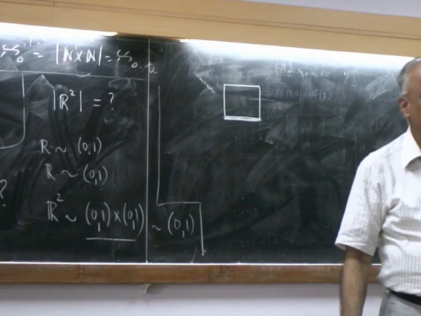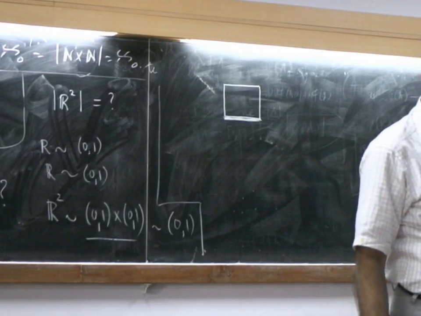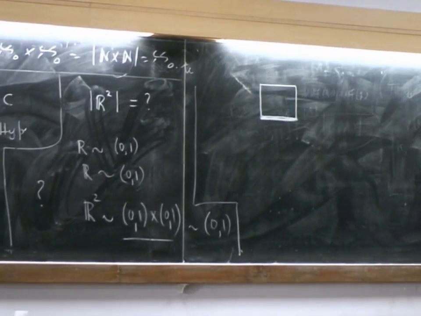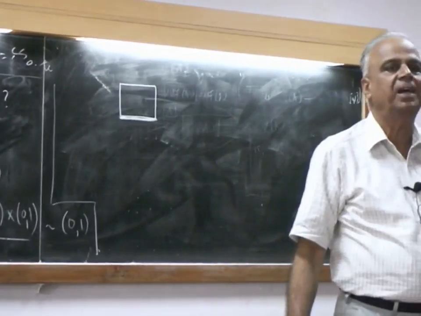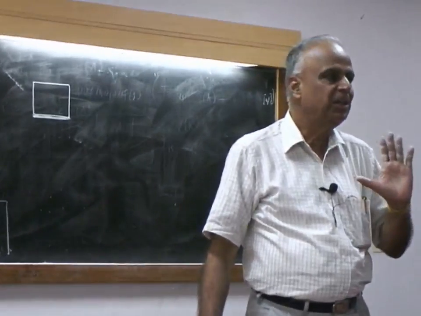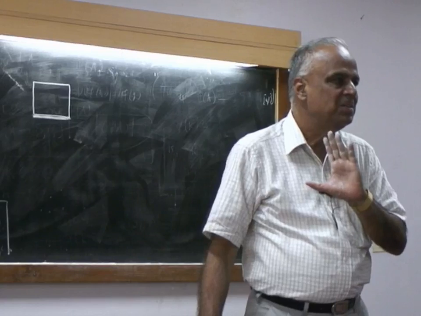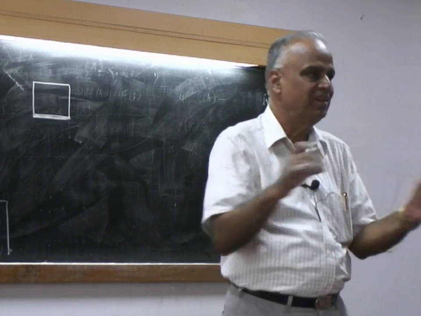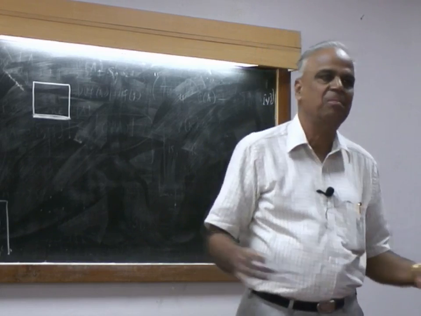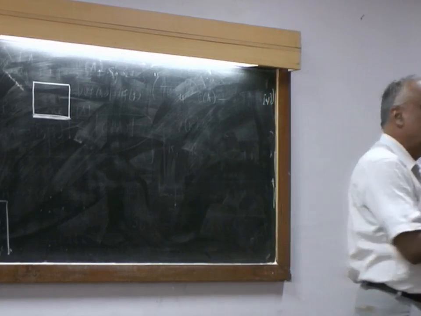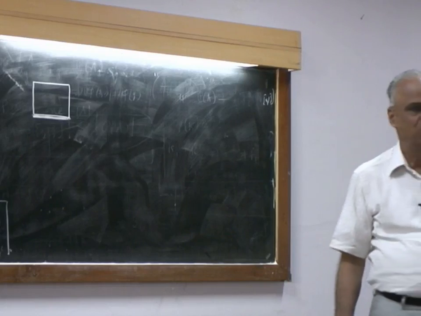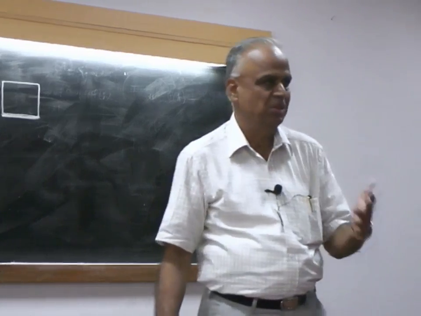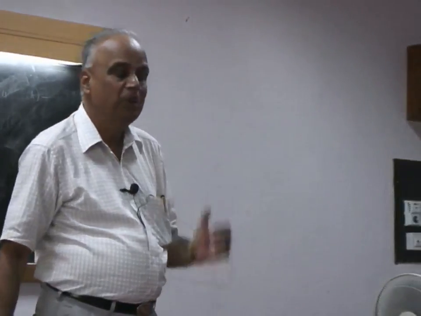there are lots of things that are happening. If you are viewing these two from the point of view of area, the interval has height 0. So, the interval has area or measure 0, whereas the square has area 1, assuming the standard measure. Okay.